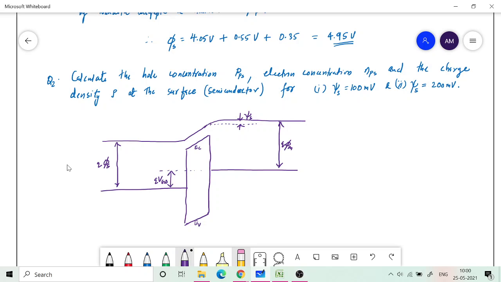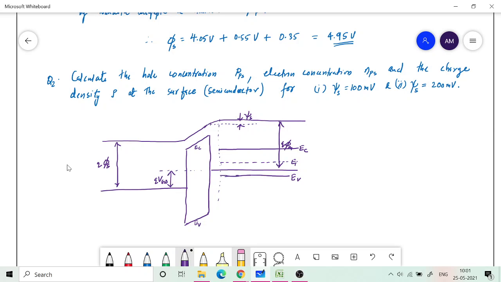So how do we draw EI and all other levels? Away from the interface, it's easy to draw. This is a p-type semiconductor, so you have your EV here, then this is your EI, then the same amount upward, you have your EC.